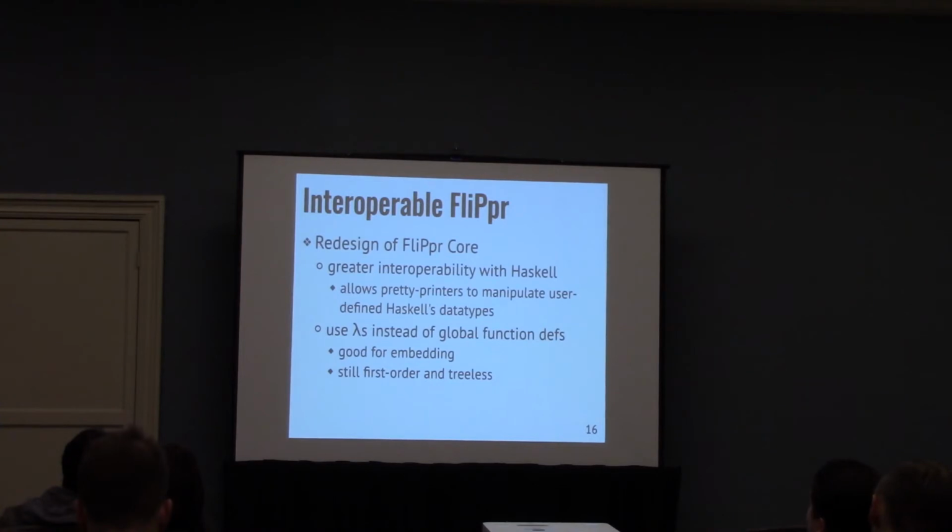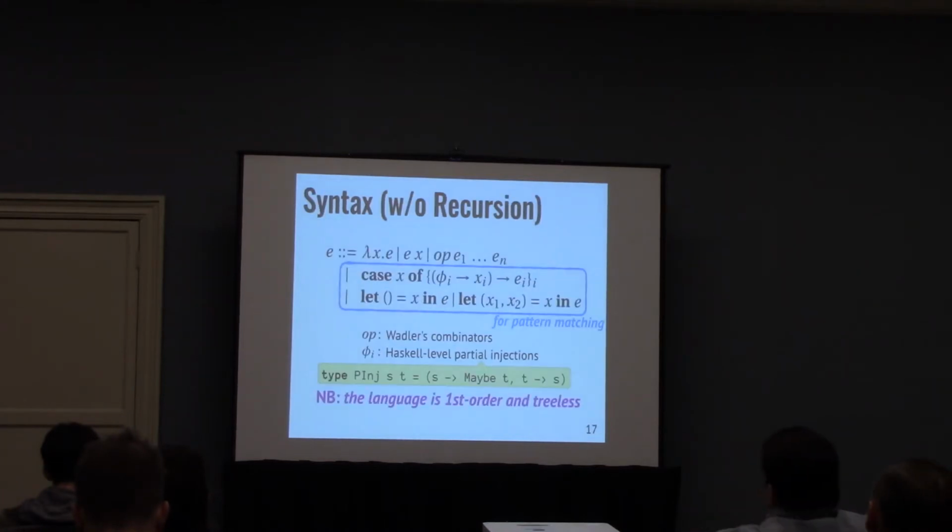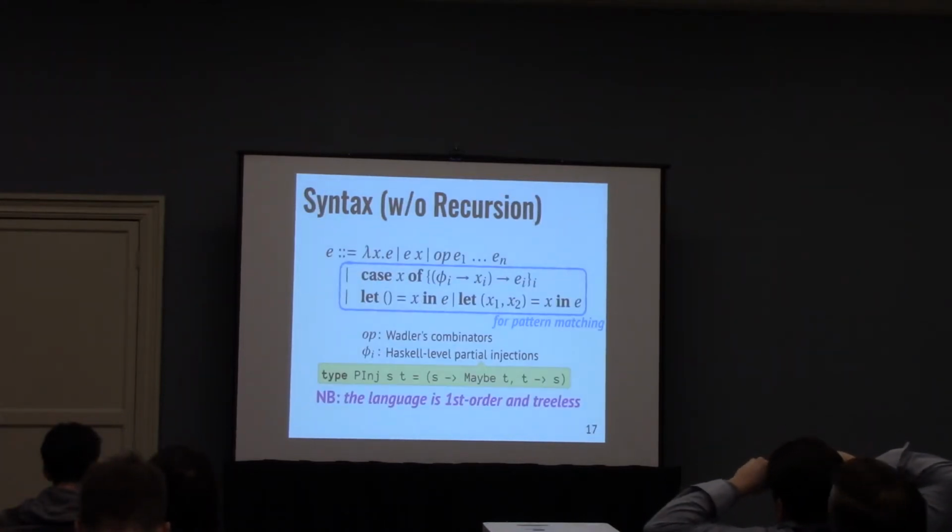Specifically, it allows pretty printers to handle user-defined data types in Haskell. Also, it uses lambdas instead of global function definitions, which is good for embedding, but it is still faster than treeless. Let us explain the syntax of the interoperable Flipper.